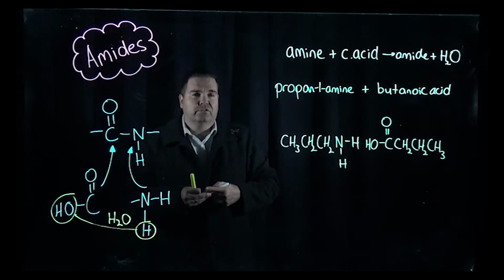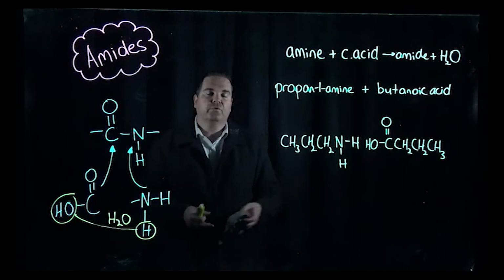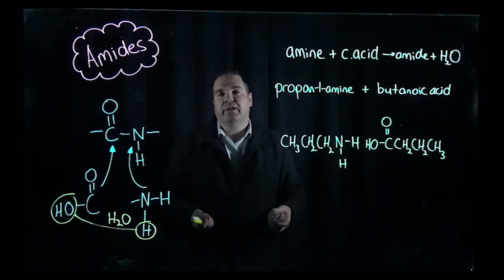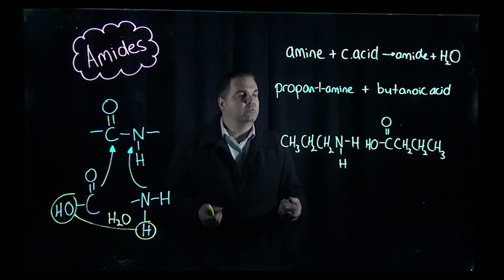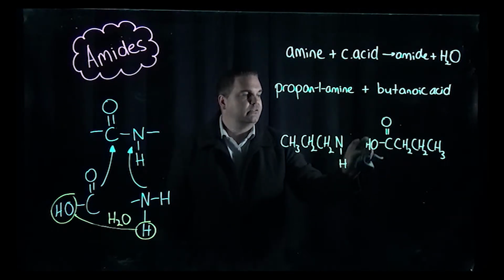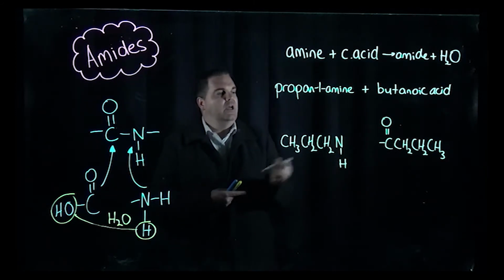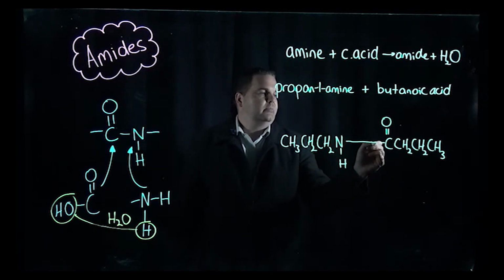Now the reason it's really good to do it that way in the exam, and particularly in pencil, is because you know it's formed via a condensation reaction where you eliminate a small water molecule. You can actually eliminate out the water. So we take out one hydrogen from there, and we take out the OH from there. Now what you've got is the two next to each other, and you know that you're just going to bond them up like this.